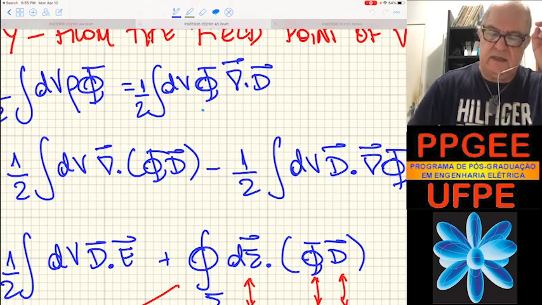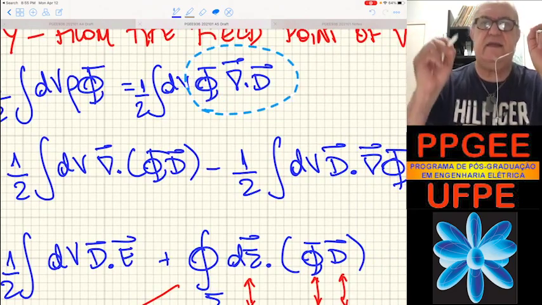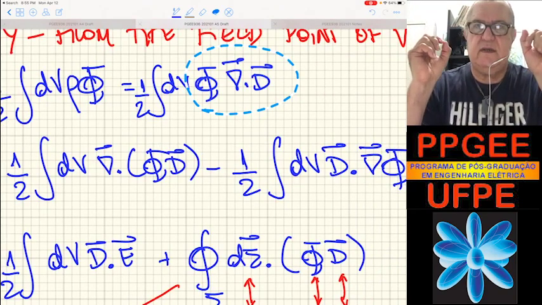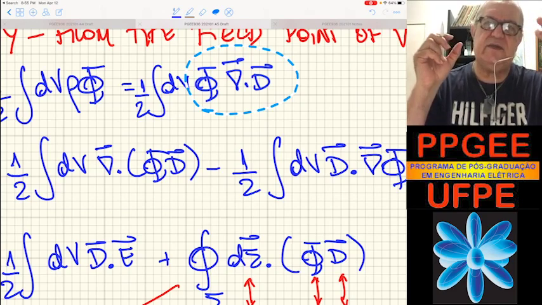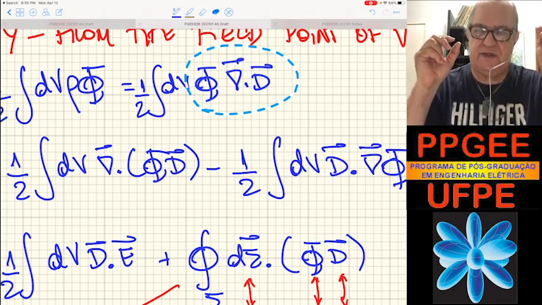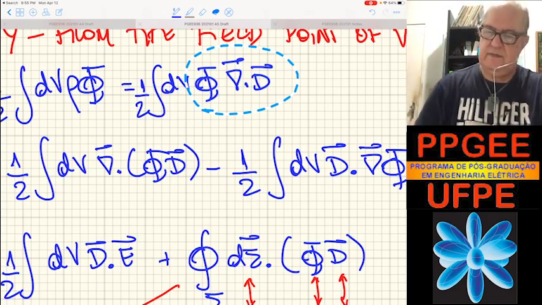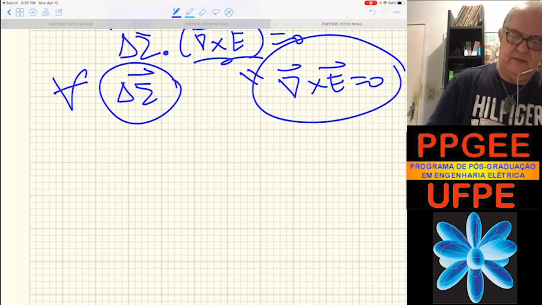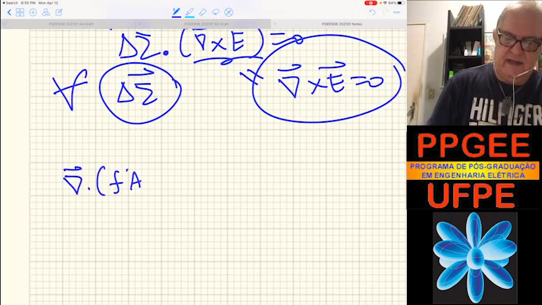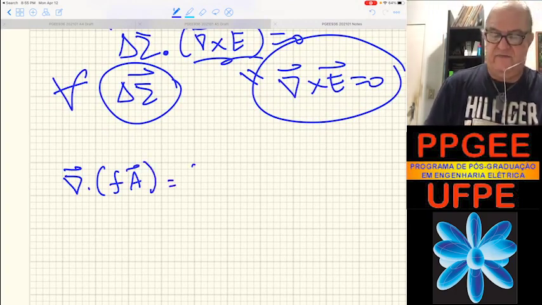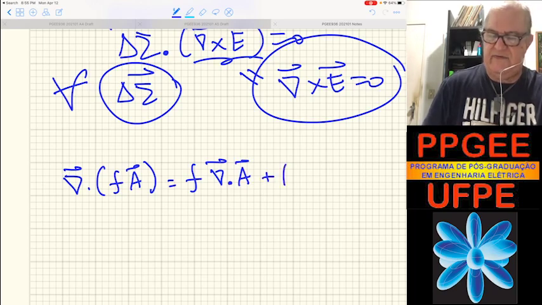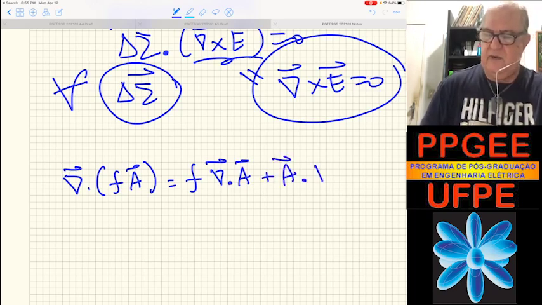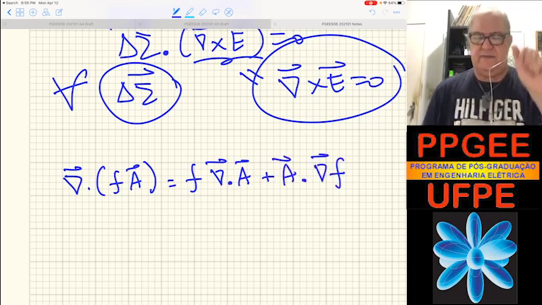Now this is one term of the chain rule of the nabla, the divergence of a function times a vector: function times divergence of the vector, plus the vector dot product with the gradient of the function.